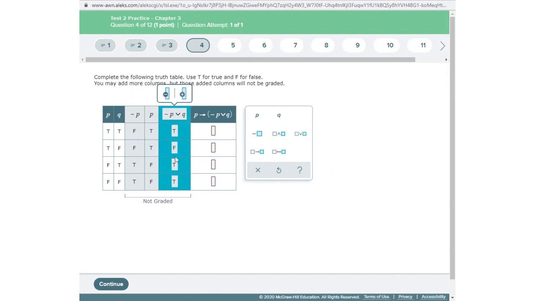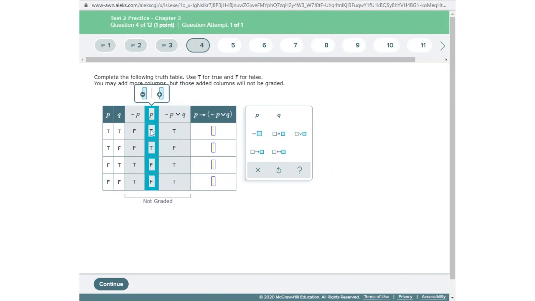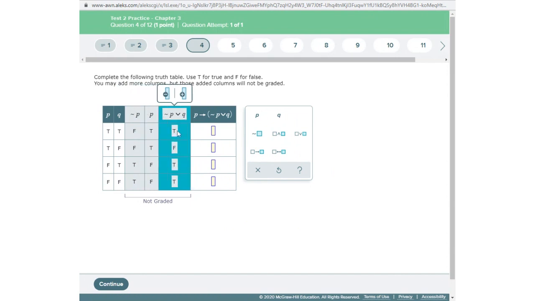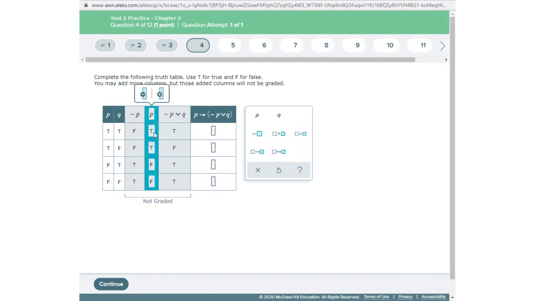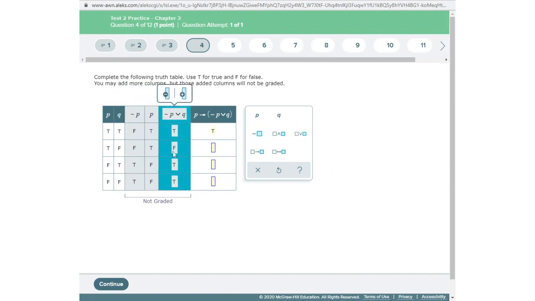So now I'm using this and this, using that conditional rule. This is where you got to change your mindset. The conditional rule is going to be true 3 out of 4 times. The only time it will be false is when the first one, the P or the antecedent, is true and the consequent is false. So that one's true. And here's the problem child right there.